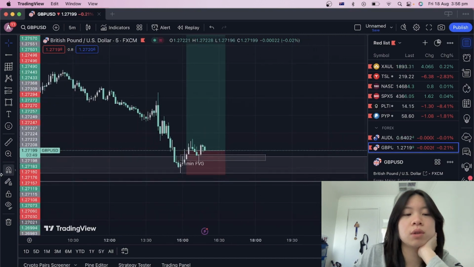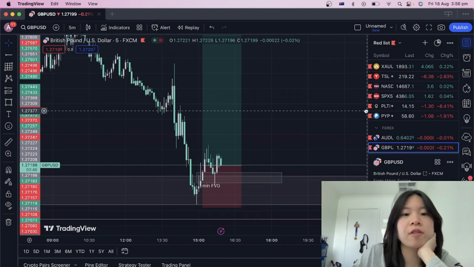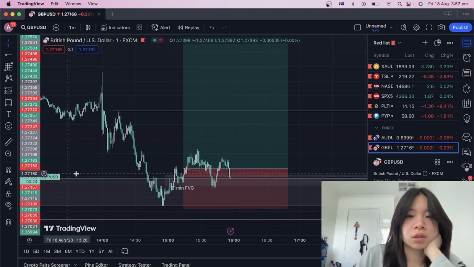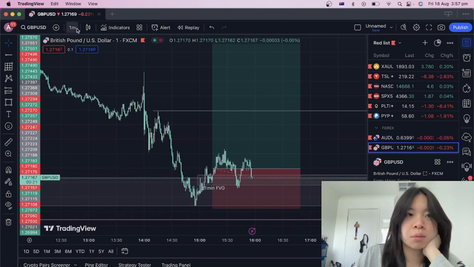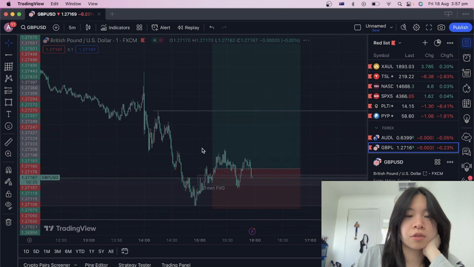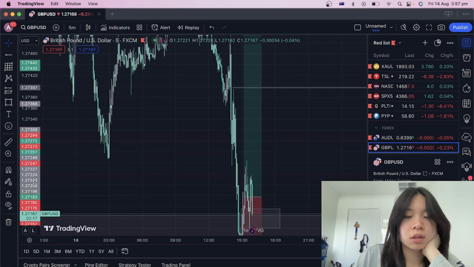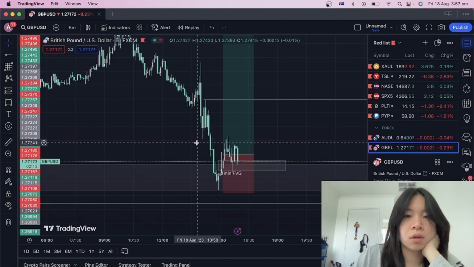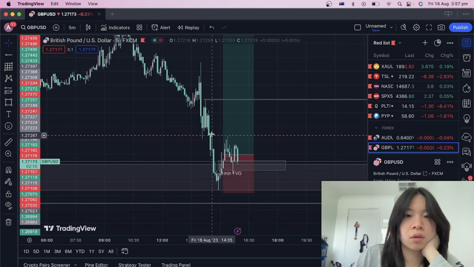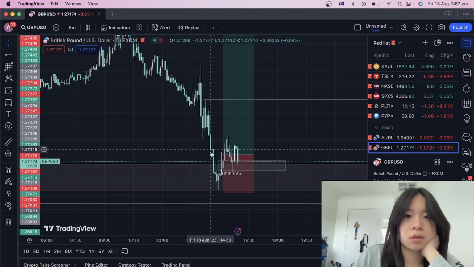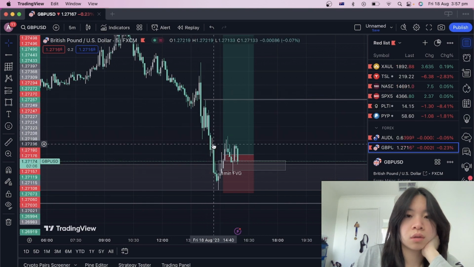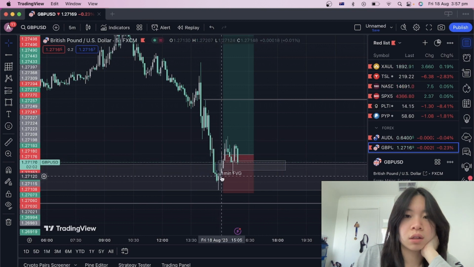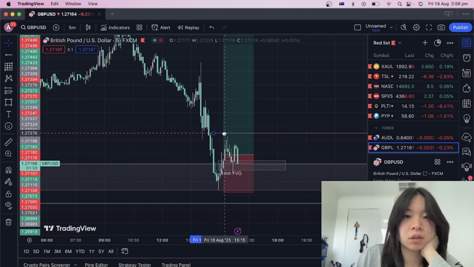I wanted to see if there was a break of structure on the 5 minute. I think it might not work out because what I realized was that the 5 minute hasn't really broken structure to the upside yet. Lower low, higher low, high, goes down, low, high, and then actually no, previous high was here.